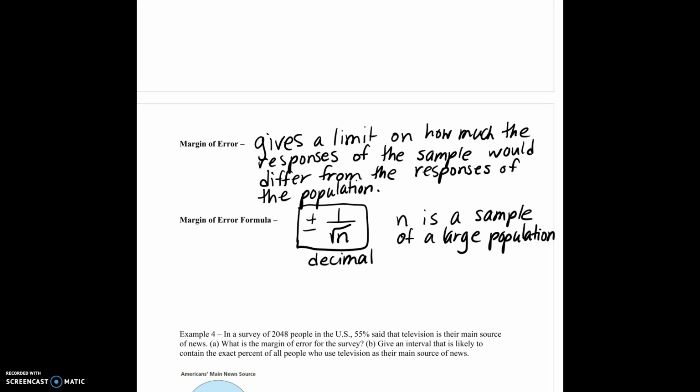The percent of the population who would respond the same way as your study.